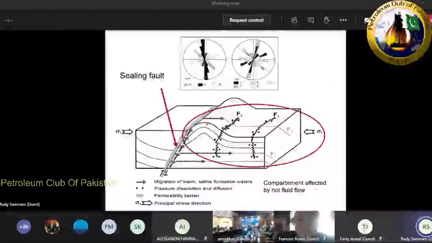And so we came up with a model where the fold was sealing, forming a permeability barrier, and where in the footwall we had the infiltration of migration of warm saline formation waters, which did not affect the hanging wall.